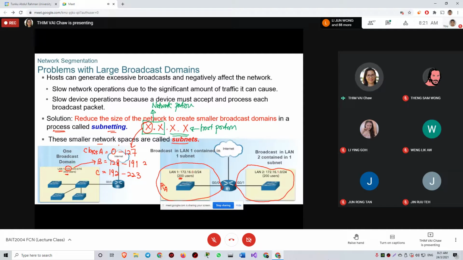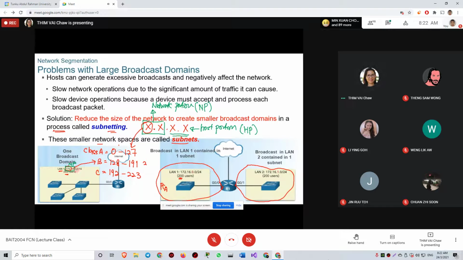Just like over here, 172.16. These front two numbers originally belong to the network portion. I short form network portion as NP, and host portion as HP.